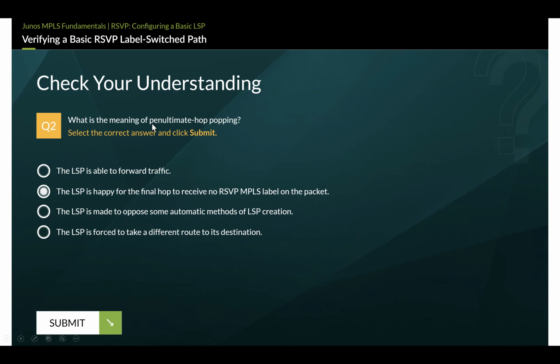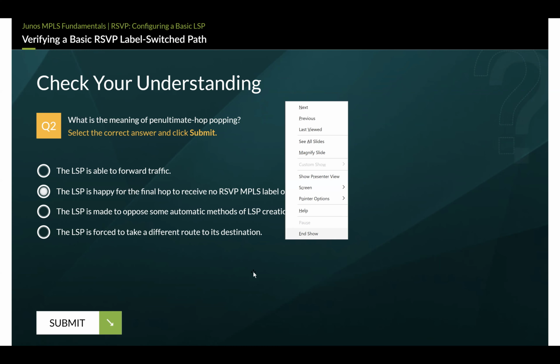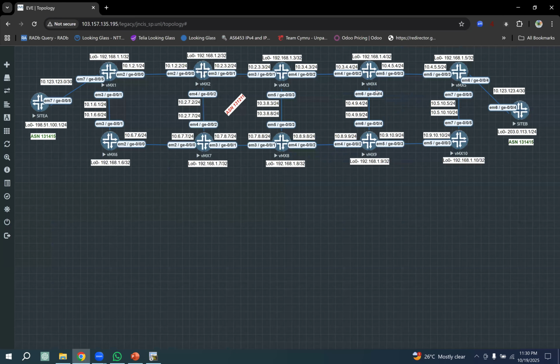What is the meaning of penultimate hop popping? Penultimate hop popping means the LSPs are happy for the final hop to receive no RSVP MPLS label on the packet. That means in our topology, the penultimate hop popping router is router 4. This is the final router or egress.